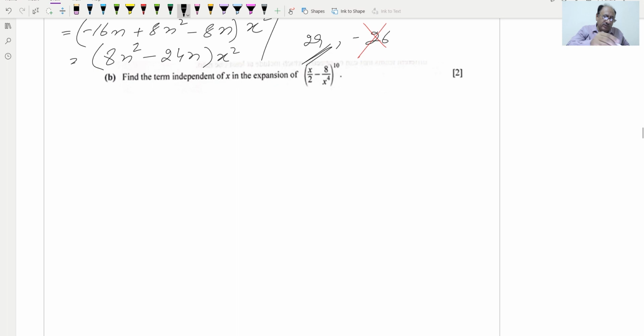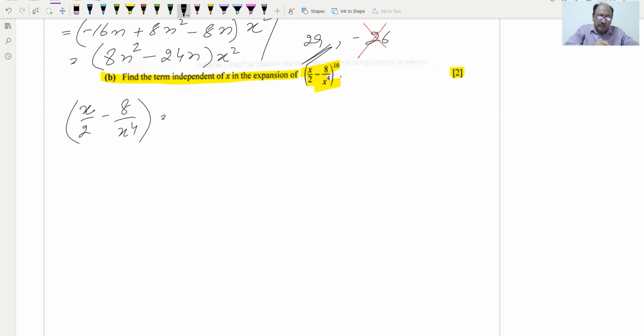And now the B part says find the term independent of x in the expansion of this one, which is 2 marks. So we can write the expansion (x/2 minus 8/x^4), and we require the term which is independent of x.